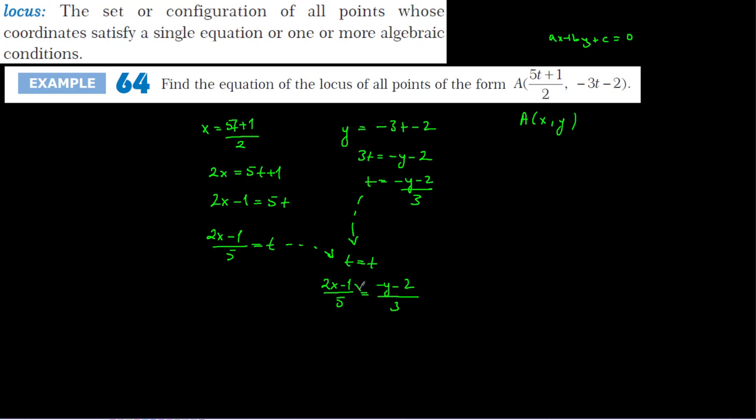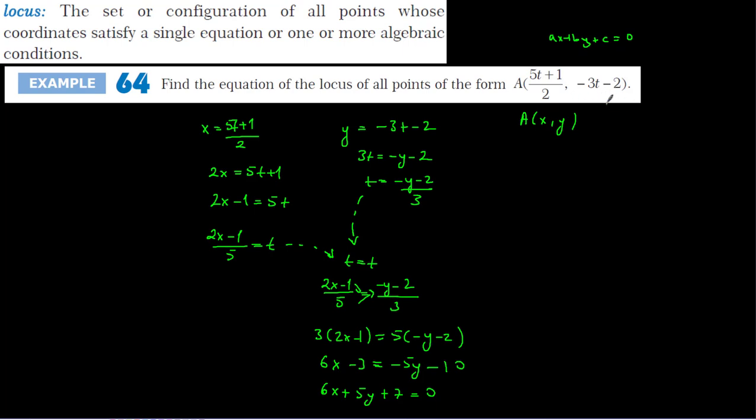So if you cross multiply, 3 times 2x minus 1 should be equal to 5 times minus y minus 2. Then 6x minus 3 is equal to minus 5y minus 10. Then 6x plus 5y plus 7 should be equal to 0. Now this is the equation of the line.